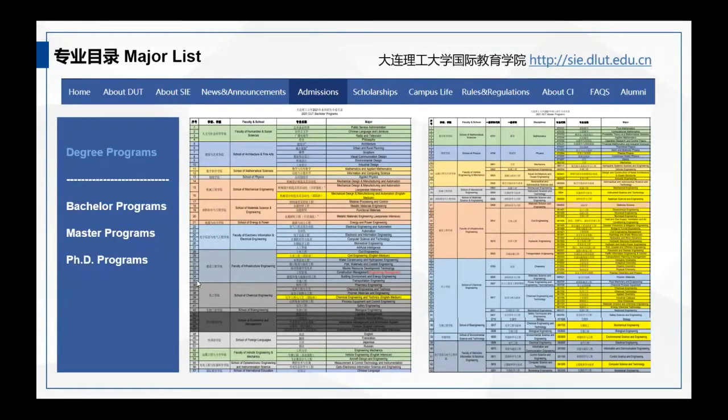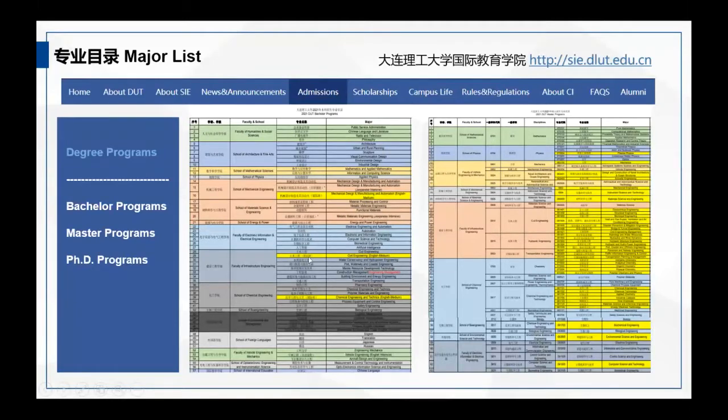If you would like to check our major list, please refer to our university official website. In the home page, there is a navigation main menu, as the picture here shows. Find the option Admissions in the main menu here, and you could download the major list in bachelor programs, master programs, and PhD programs, respectively. Attention!